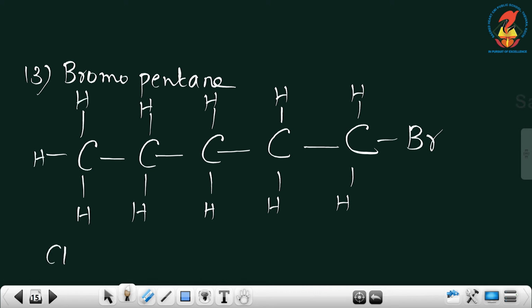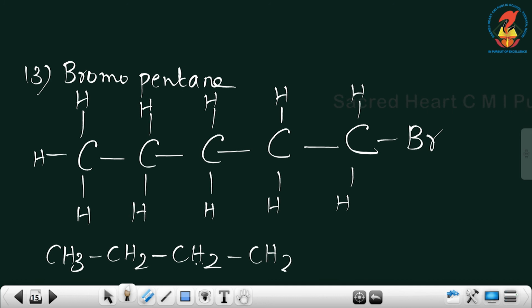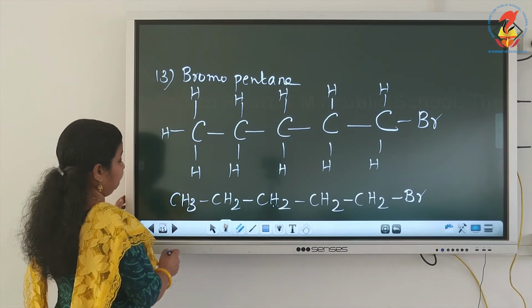Now condense it and write CH3, CH2, CH2, CH2, CH2, Br. This is bromopentane.